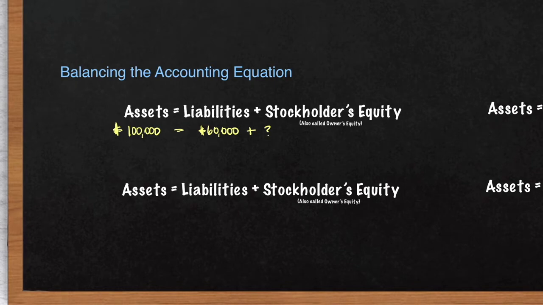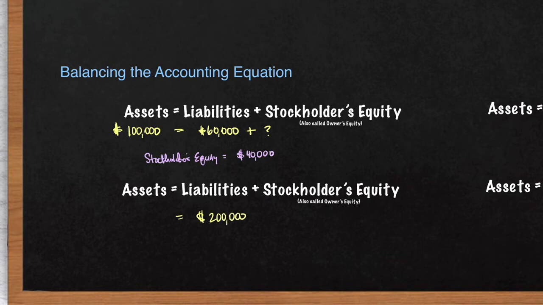I know it's simple math here because I'm trying to tell you that accounting is not hard math. Accounting is a language. Here, what is stockholders' equity? Well, if you know the assets, things that you own, are 100,000 and liabilities, things that you owe, are 60,000, then stockholders' equity is going to be 40,000.